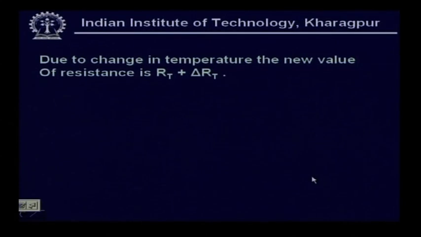Due to change in temperature, the new value of the resistance is no more RT. It is RT plus delta RT. Whether delta will be positive or negative, I will discuss later on. There is a change, and we say it is RT plus delta RT.